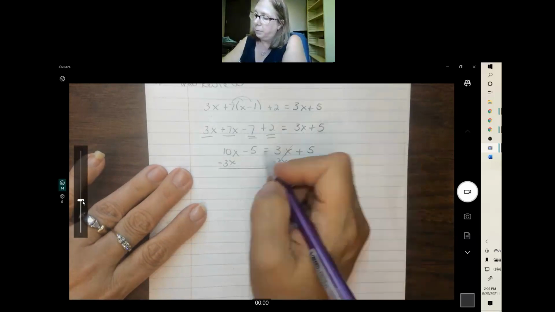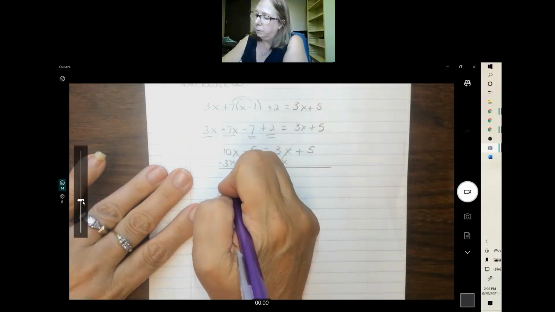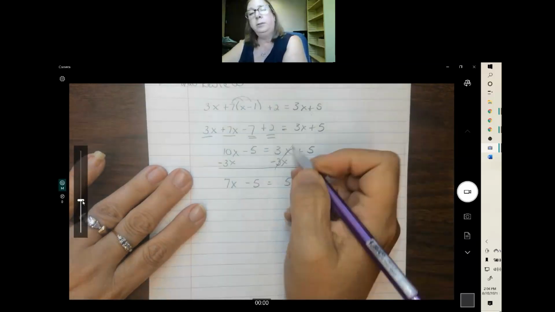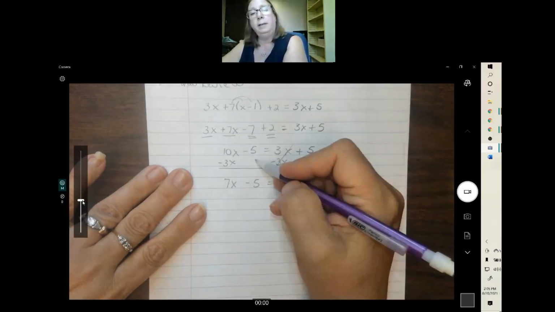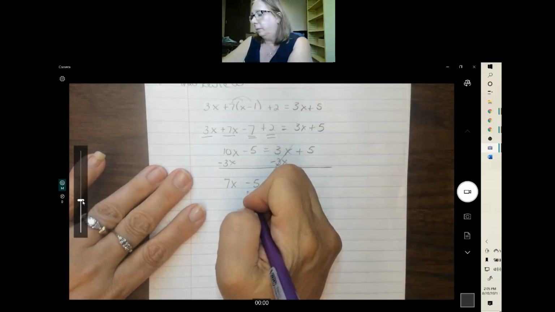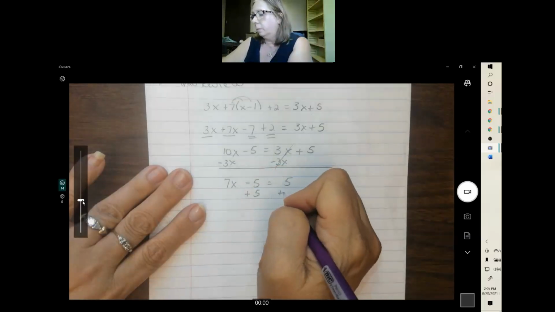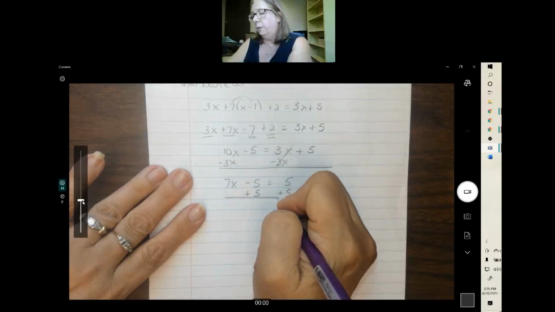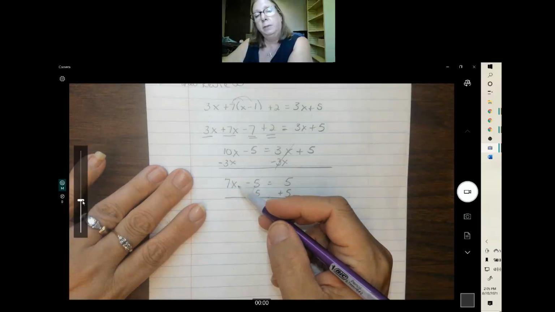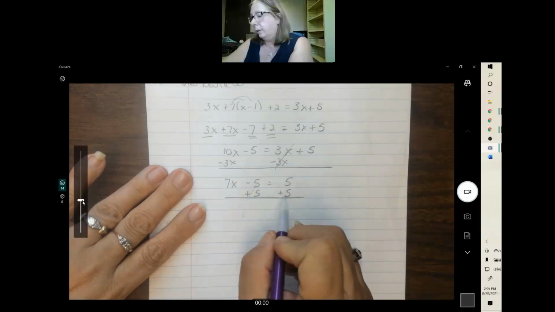This drops out. 10 minus 3 is 7x. Now, if you wanted to do the 5 at the same time, you could add the 5 to the other side. I'm going to do it down here. And I'm adding 5 so that this will cancel and leave the 7x by itself. What you do to one side, you have to do to the other.